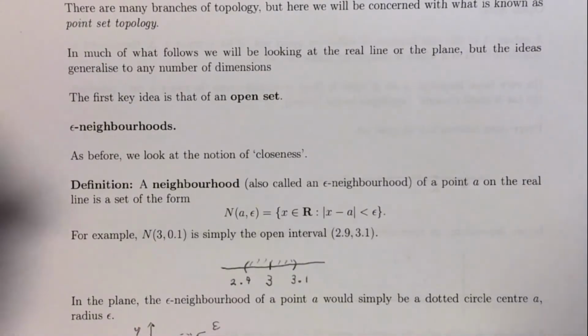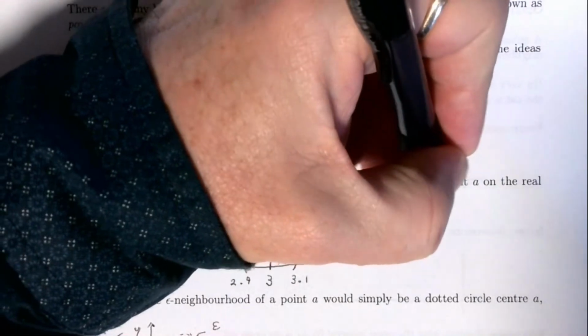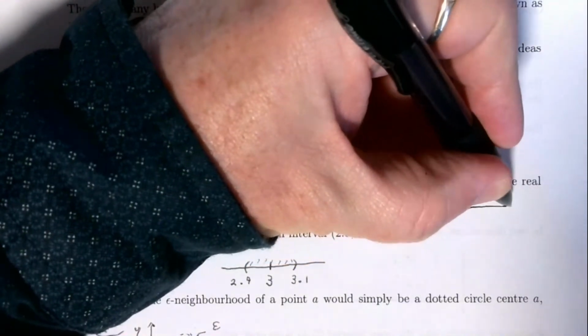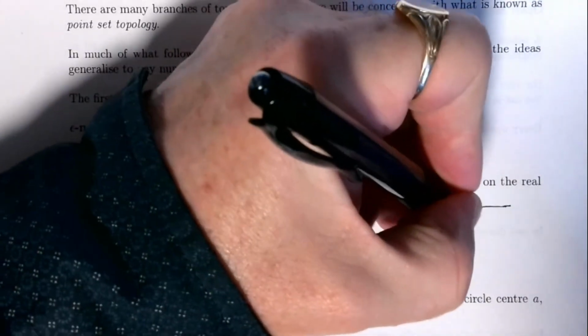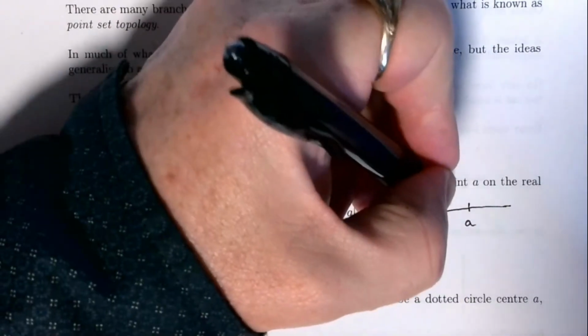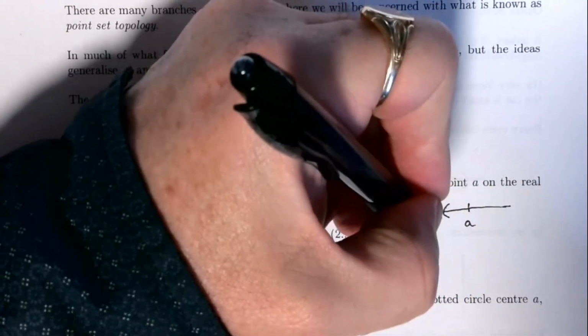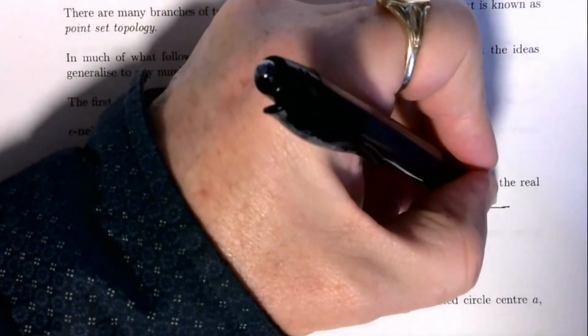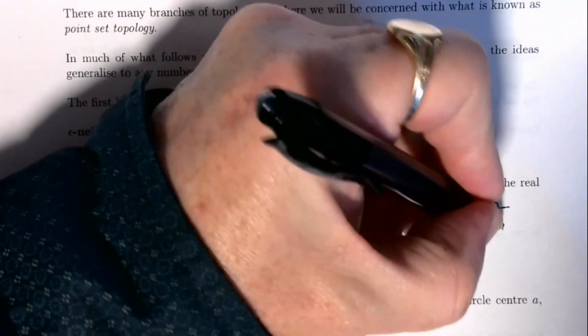All it means graphically, if I draw a little picture of this, is there's our real line, there's the point A. We're going to draw a little epsilon band, and I go A minus epsilon. We're going to go back a little way, and we're going to go forward a little way.